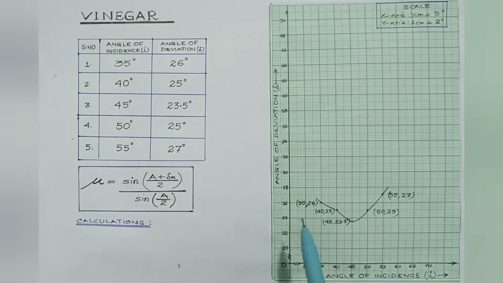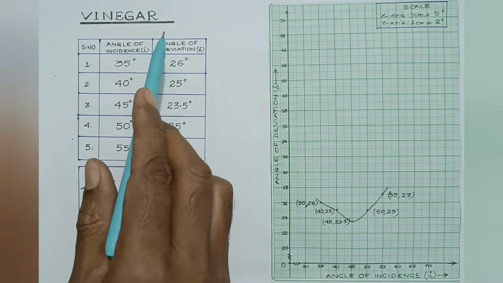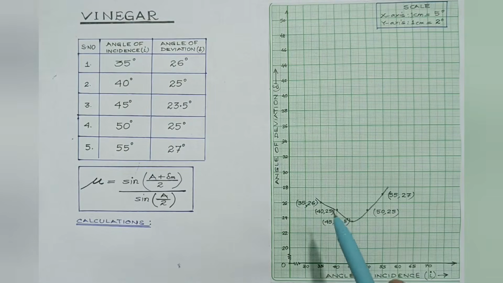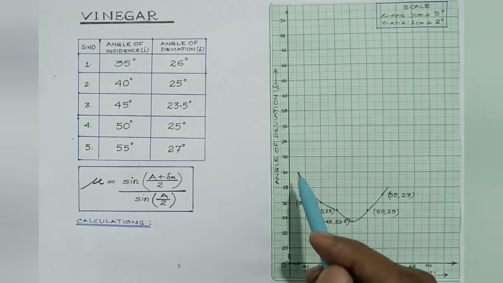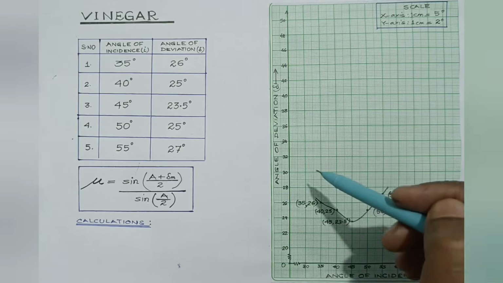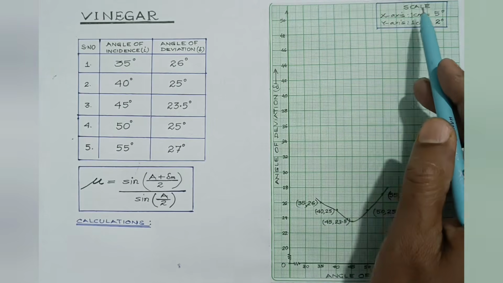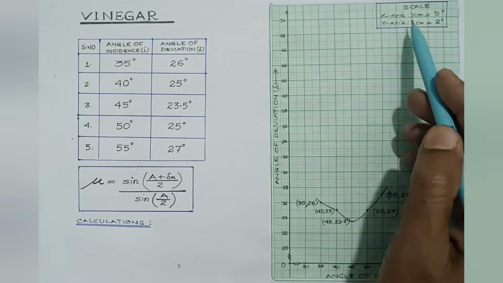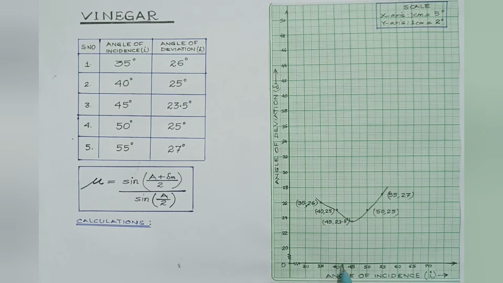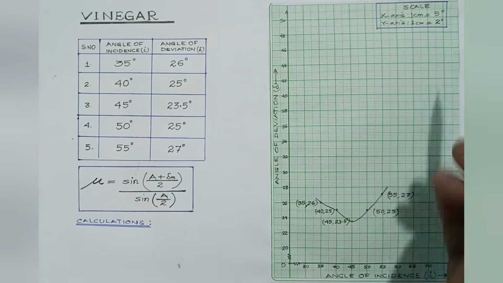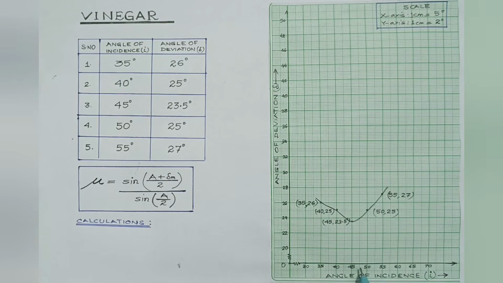Now let's calculate the value of the refractive index of vinegar. Again students, we need to plot a graph between the angle of incidence and the corresponding value of the angle of deviation. And here in each and every graph, don't forget to mention the scale. Along the x-axis, we have considered one division, which is 1 centimeter, to be equivalent to 5 degrees: 30, 35, 40, 45. And this is the kink which I have represented over here.